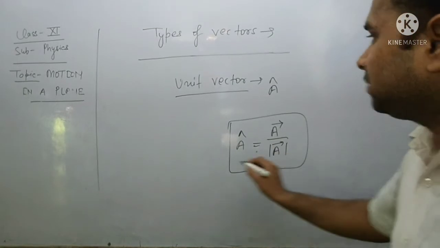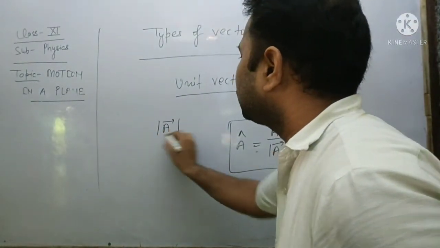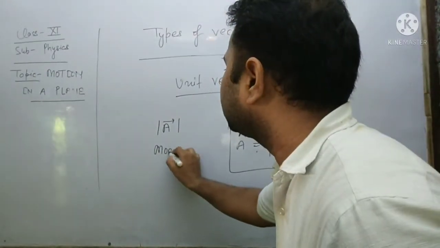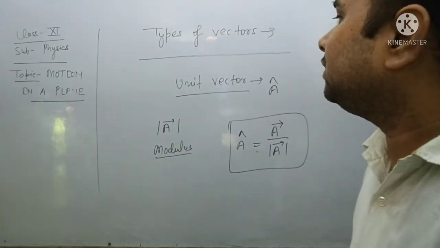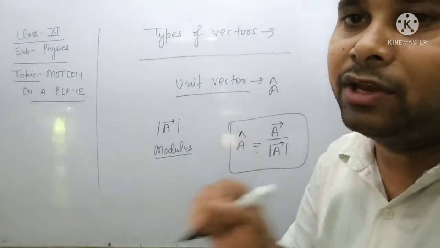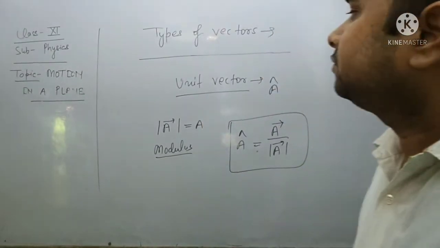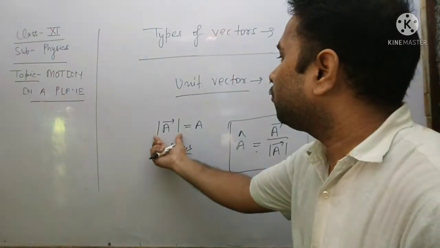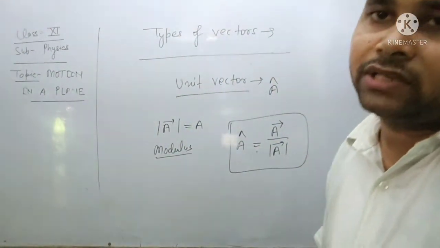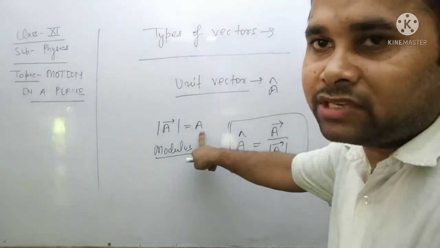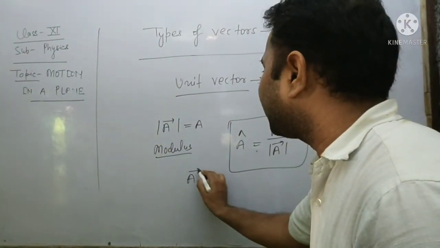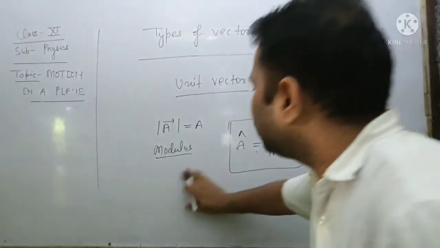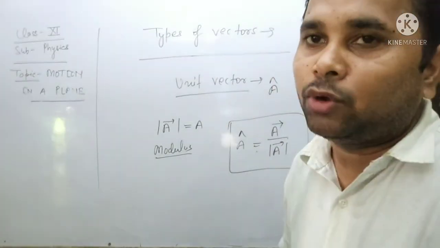Now understand the meaning of this sign. This sign is called modulus, the modulus of vector A. Modulus of vector A represents here the magnitude of vector A. Modulus of vector A is equal to A. It means the modulus of vector A is equal to the magnitude of vector A. If it is written like this, it is the magnitude of vector A, and if simply the A vector is written, it is the complete vector A. So how will you represent the magnitude of vector A?